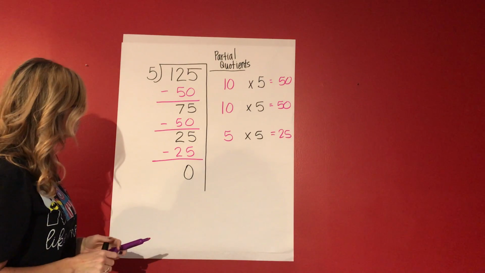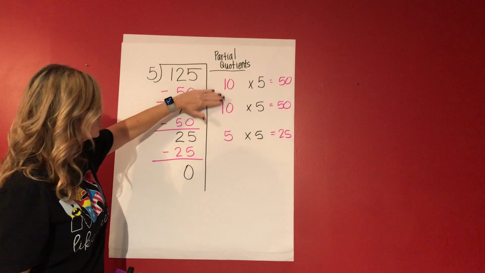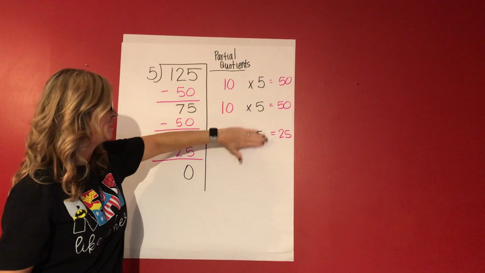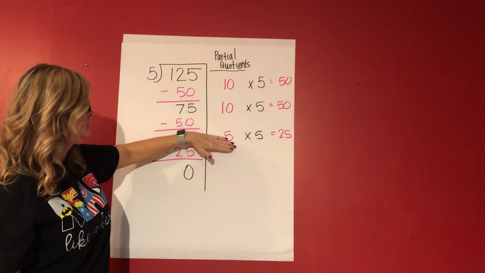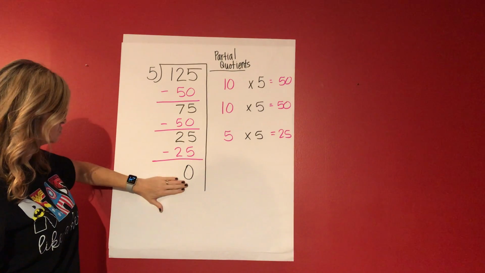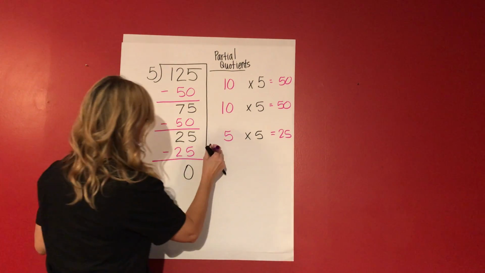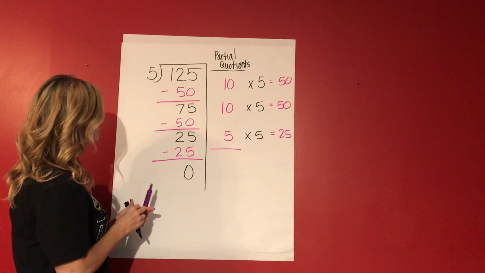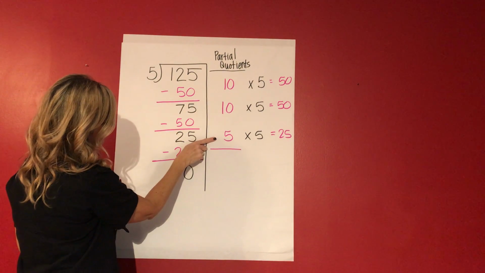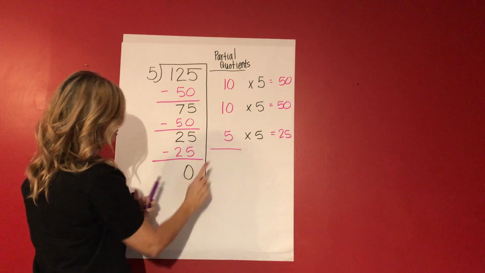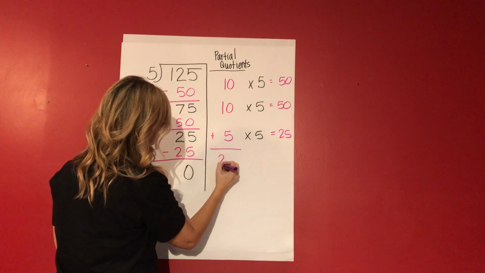And so now what we have to do is we take our partial quotients, these are the factors that we multiplied by 5 to get these numbers that we could subtract from over here, okay? These are called our partial quotients. And our partial quotients are 10, 10, and 5. 10 plus 10 is 20, plus 5 more is 25.